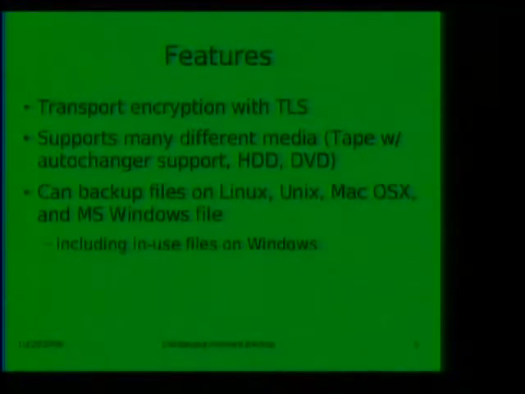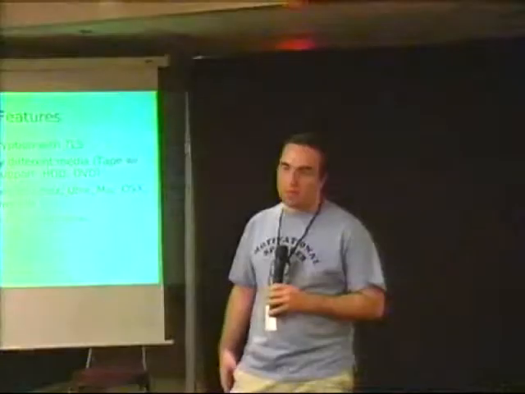So anything that's going over your network is encrypted. Unfortunately, you can't encrypt on media. So if you have any sensitive medical data that you're backing up for someone else, this probably won't be HIPAA compliant because you can't encrypt that data and make sure that no one can see it except for the doctors. And if you have any other reason that you'd want on-media encryption, that is not available in the current version.